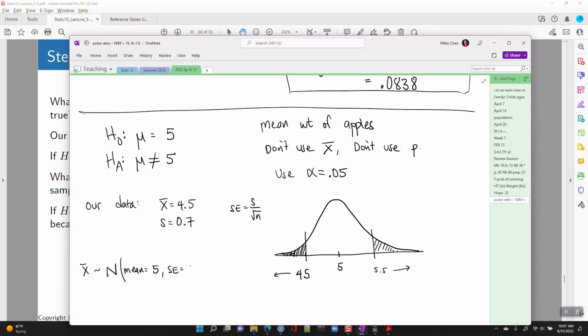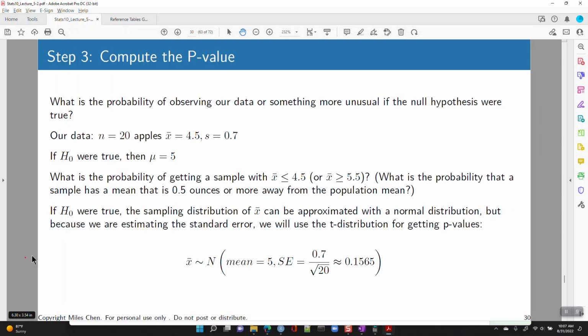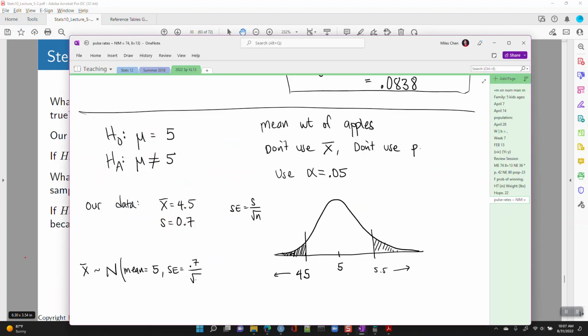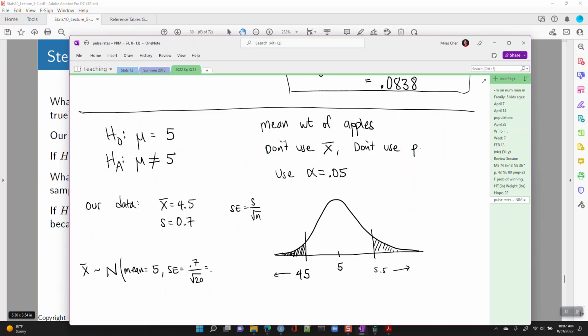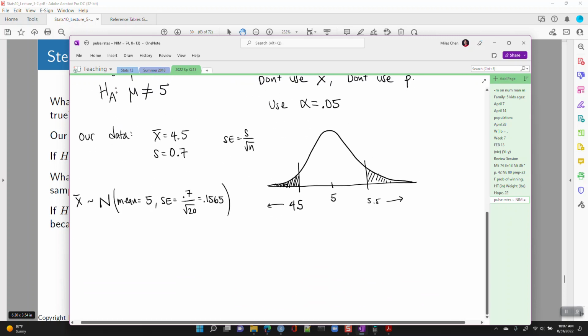So I'm going to have 0.7 divided by the square root of 20 apples, which is 0.1565. So this is what we have: mean of 5, standard error of 0.1565.